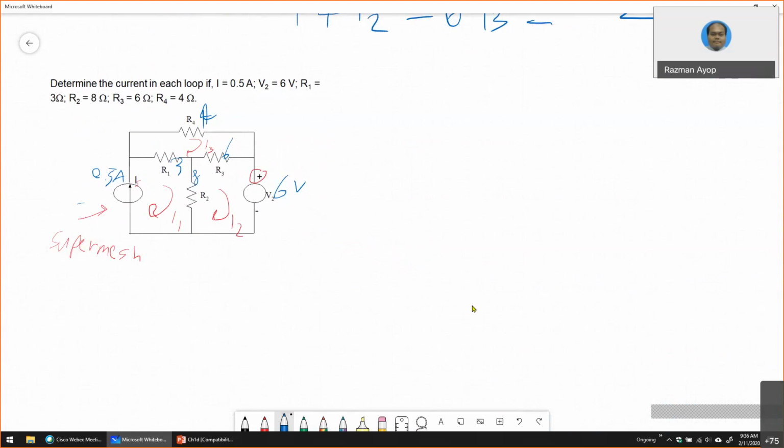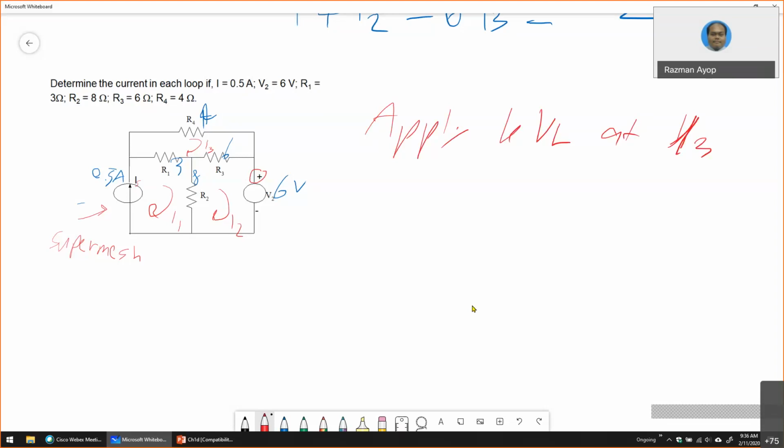Okay, for the third loop, apply KVL at I3. Same as before.